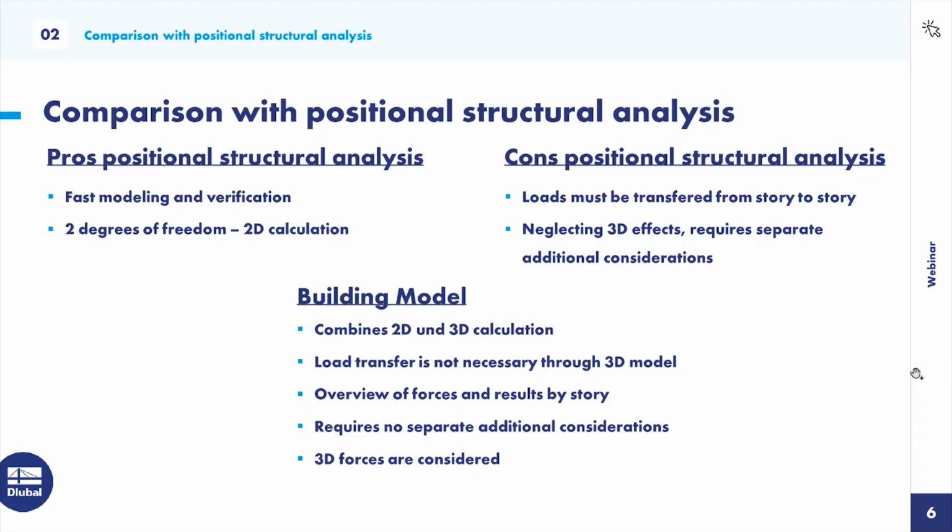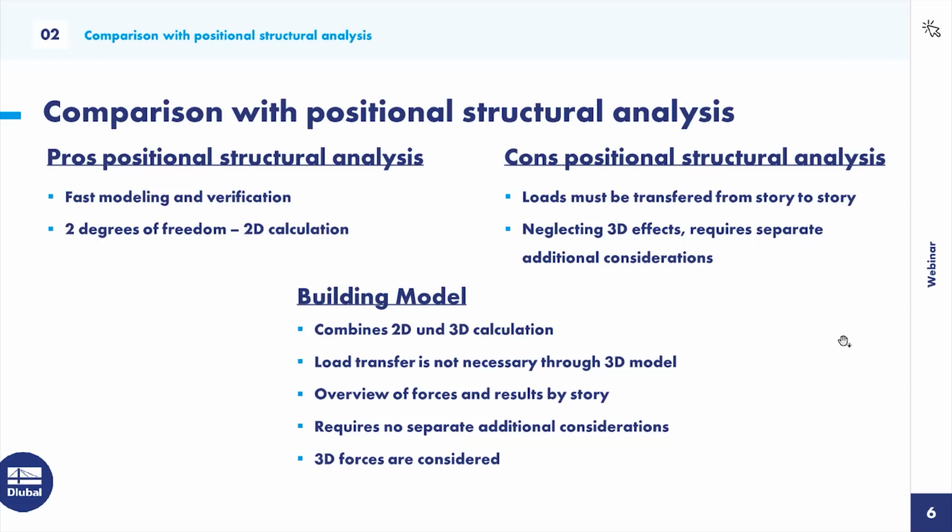So you don't must consider so much effects and so on. It's very simple, and you can check it very easily. The cons are when you design a slab or, let's say, a story, you calculate this, then you must make a load transfer from story to, let's say, the walls, the columns, and from there again to the slab.